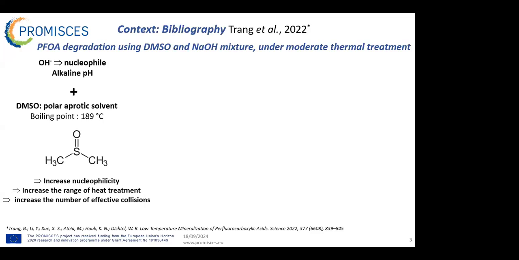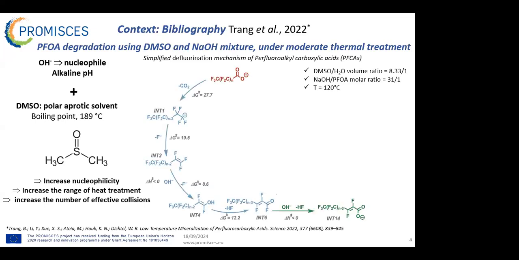They also use DMSO, which is a polar aprotic solvent, whose boiling point is 189 degrees Celsius. The use of a polar aprotic solvent increases the nucleophilicity of OH-. It also increases the range of temperature for heat treatment, so it can increase the number of effective collisions between the mixture and the analyte.